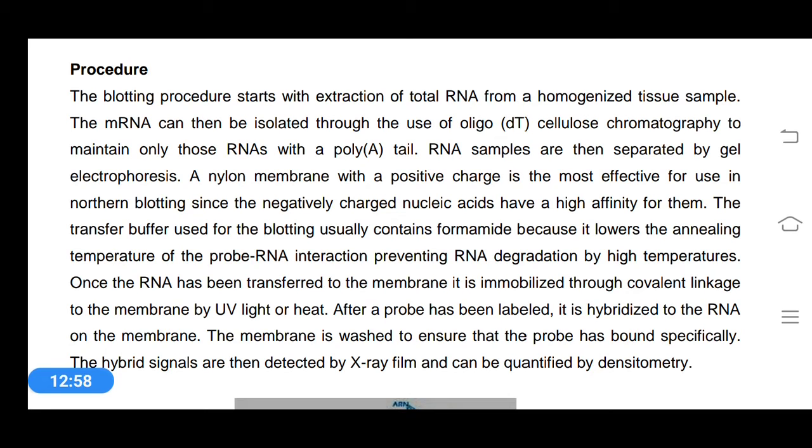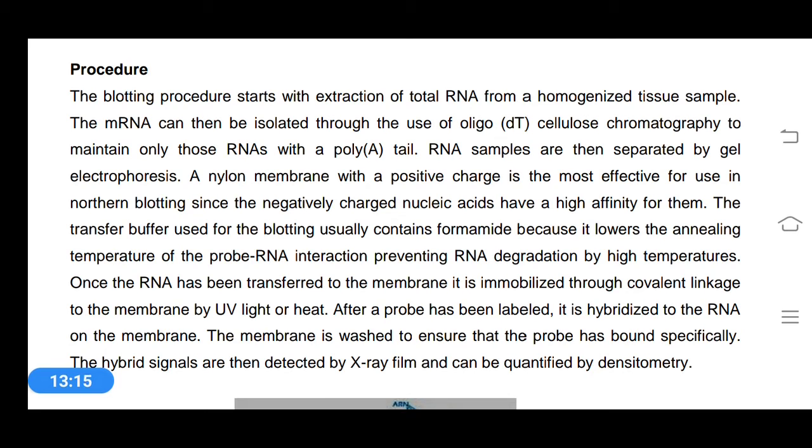The annealing temperature will be lowered for the probe RNA interaction with the particular mRNA.